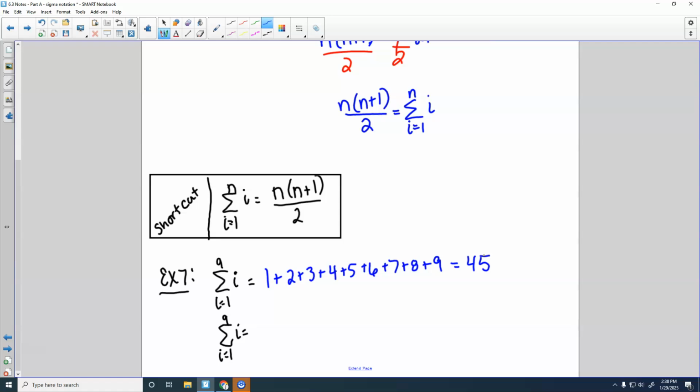Or I could use my shortcut formula, where I would do my n, which is 9, times n plus 1, which is 9 plus 1, divided by 2, which would be 9 times 10 divided by 2. So 90 divided by 2 would be 45.